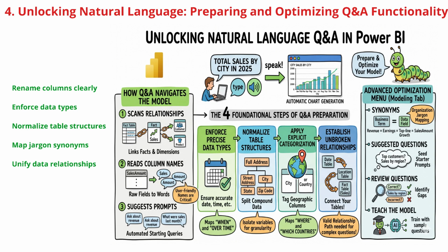Start by enforcing precise data types to clarify timelines, normalize table structures by splitting compound data like addresses, apply explicit data categorization to tag locations, and establish unbroken relationships to connect your facts. For the ultimate natural language experience, use the Setup menu to add synonyms that map corporate jargon to your data fields.